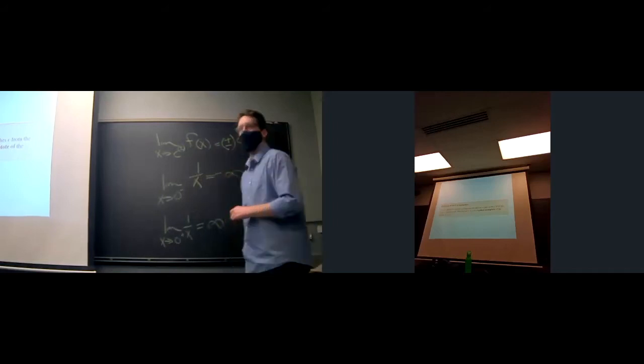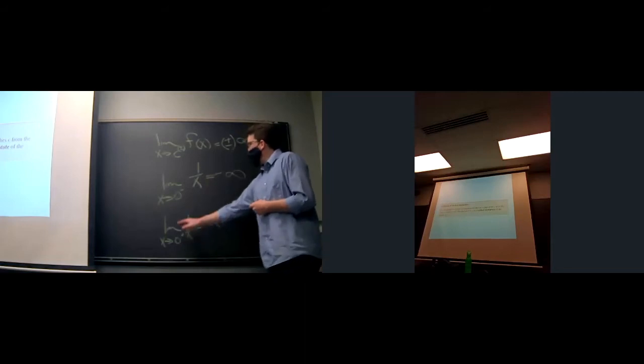As an example, let's consider the limit as x approaches 0 from the left of 1 over x, and the limit as x approaches 0 from the right of 1 over x. For both of these, we get two different infinities: negative infinity and positive infinity. That's why we say the limit doesn't exist.